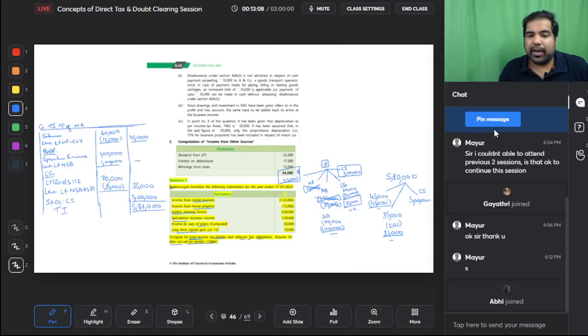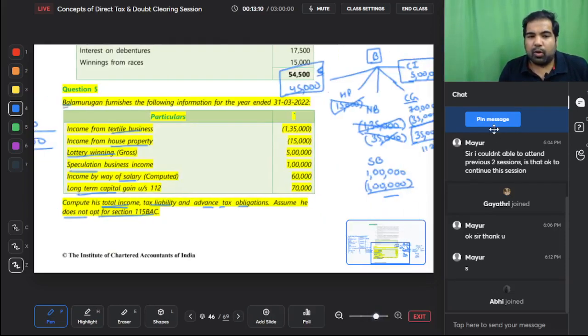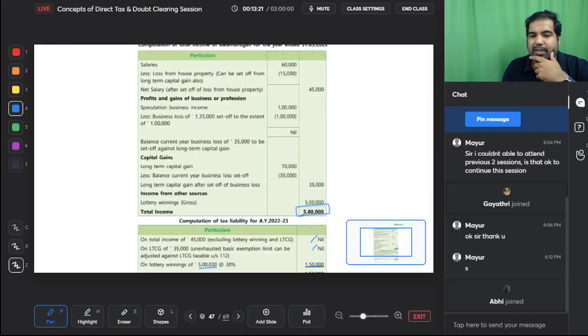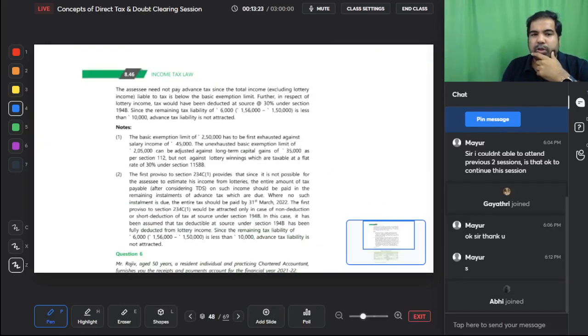Now guys, when have you won this lottery? Whenever you won this lottery, on this you will have to pay advance tax, yes, in the quarter in which you won the lottery, because they've asked us for advance tax implications also. So you will write, the assessee need not pay advance tax since the total income is below the basic exemption limit.